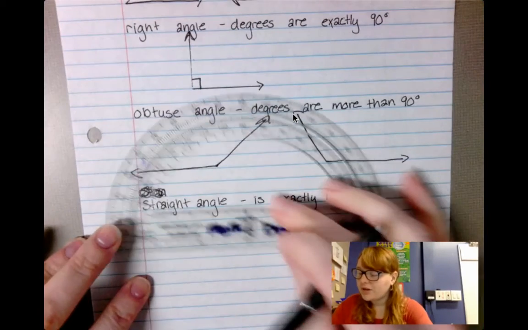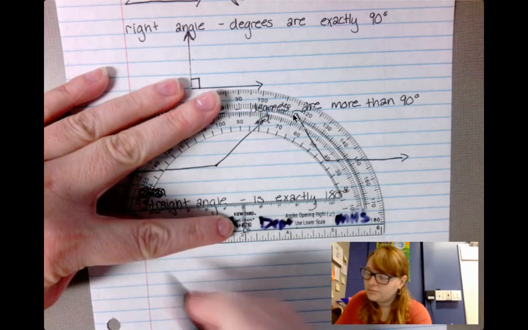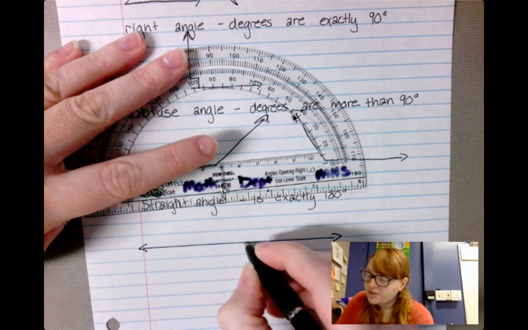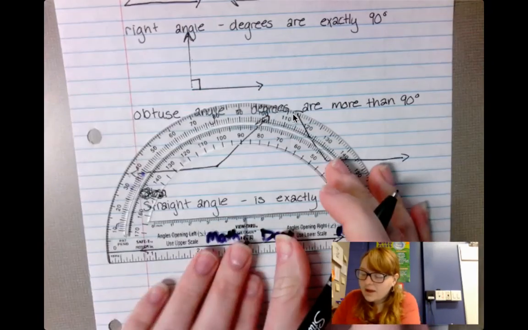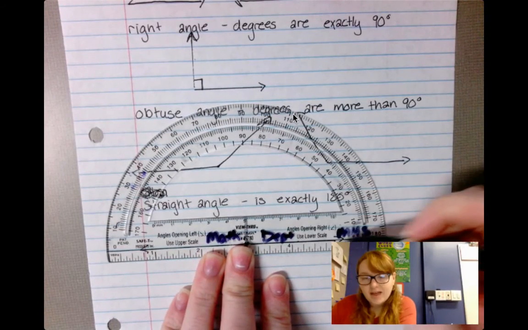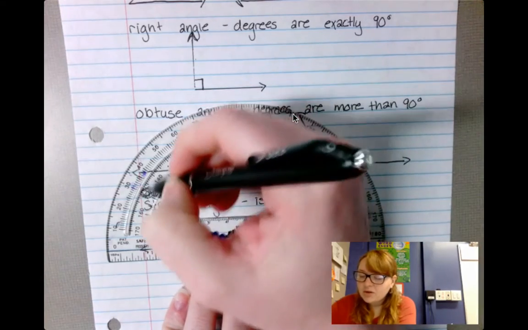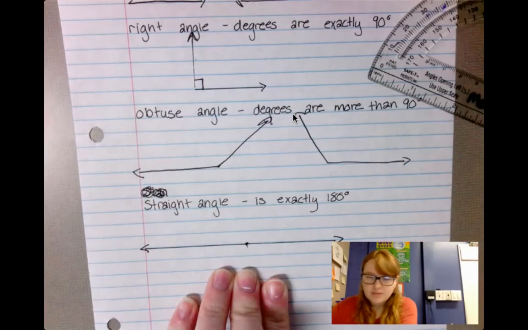So I'll show you what a straight angle looks like. I'll put my vertex in here, put the vertex in the hole, and we can pick which side we want to do. I'll pick that the bottom ray is on the right side, so we count up this way, and it goes all the way down to 180 degrees. Okay, so it's just a straight line.